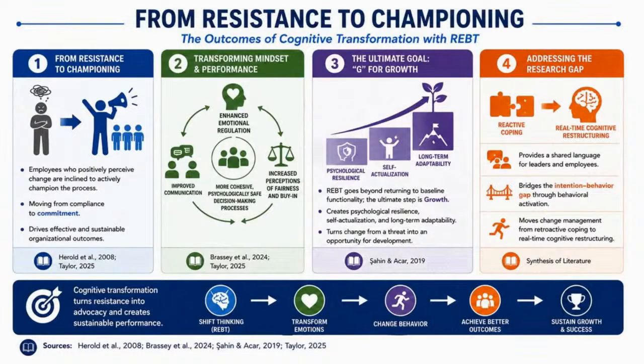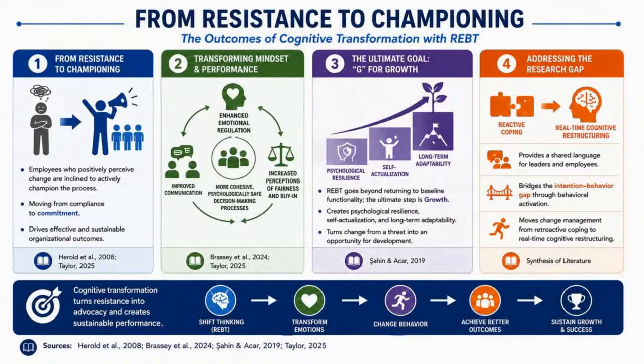And from a leadership perspective, if I understand why my employees are responding this way, besides general personality differences, maybe it's something within that culture, then I can address that. And by helping individuals identify and challenge unhelpful beliefs as they emerge, organizations can proactively influence how employees think, feel, and behave.